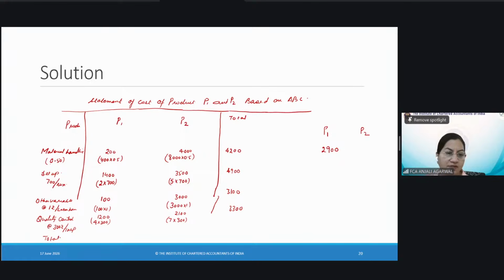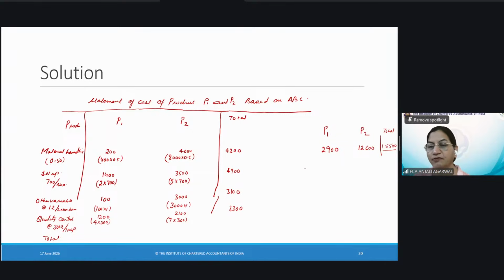I'm just running short of space, so I've written the total here. 4,000 plus 3,500, 7,500 plus 3,000, 10,500 plus 2,100, 12,600. Do the total, it should come out to be 15,500. That's very important. So keep on doing or verifying your totals. So best is to always create a column for the total.